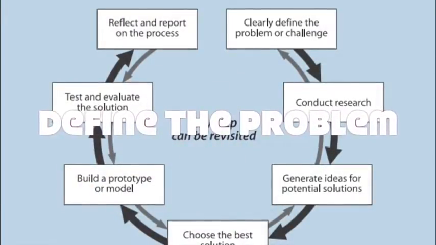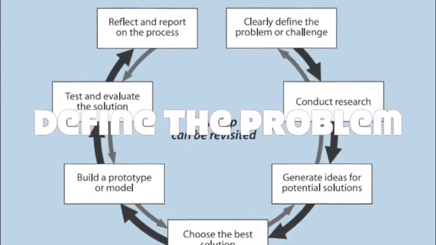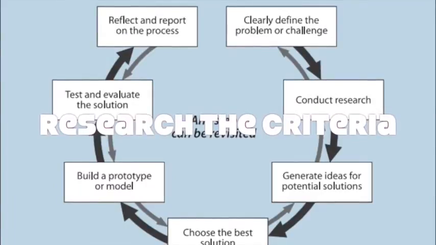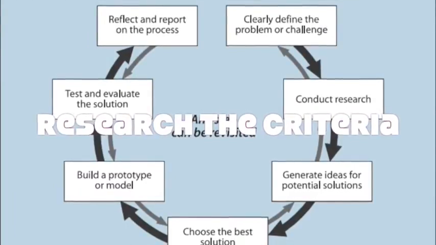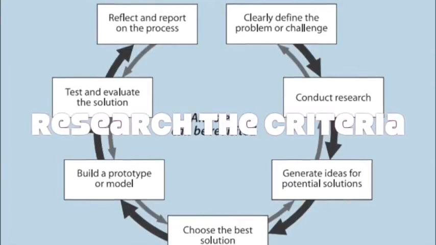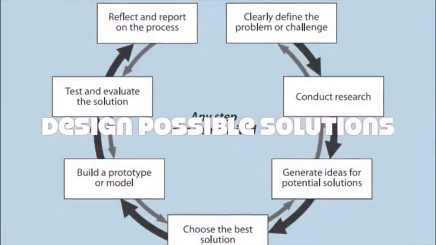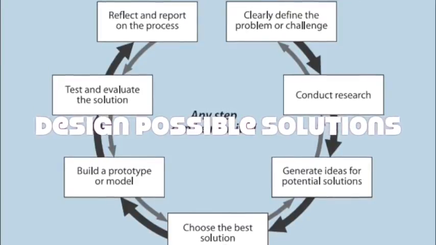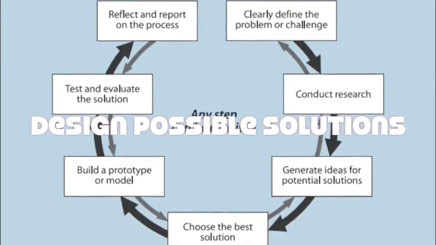Analyze the context and background and clearly define the problem or challenge. Conduct research to determine design criteria, financial or other constraints, and the availability of materials. Generate ideas for potential solutions using processes such as brainstorming and sketching.